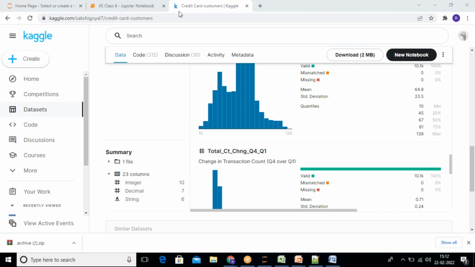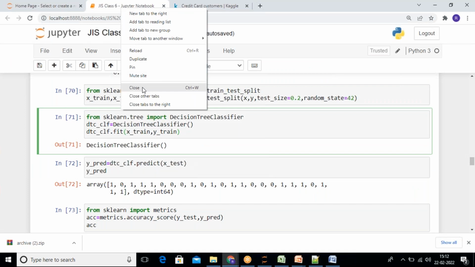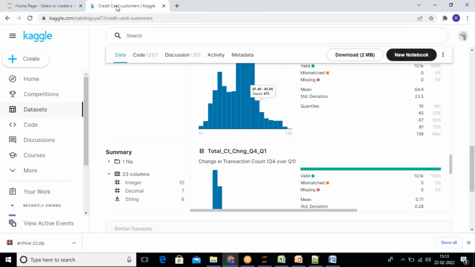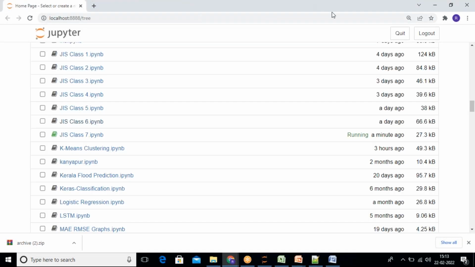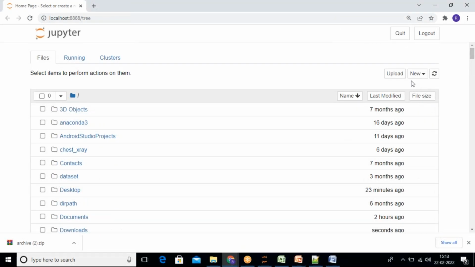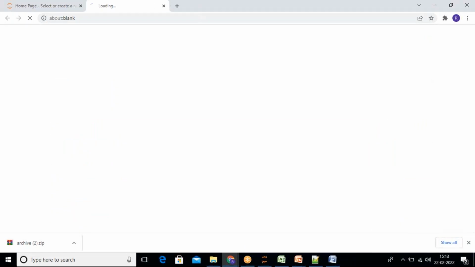डाउनलोड्स में archive2 में था ना, archive2. So I will extract here. अच्छा, bank churners, BankChurners. Okay, bank churners. So I will basically close this. It was basically GIS class 7. Now I will go for GIS class 8. Wait.